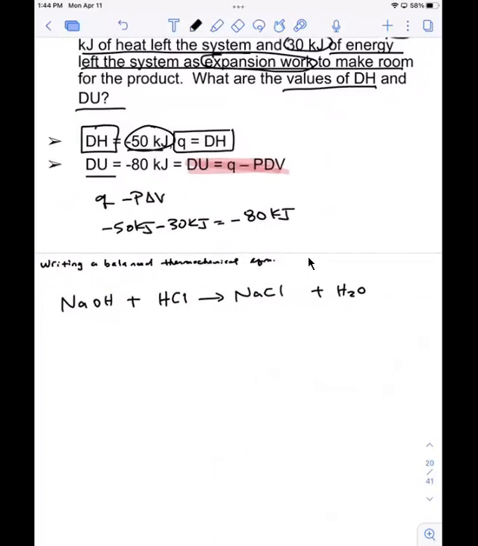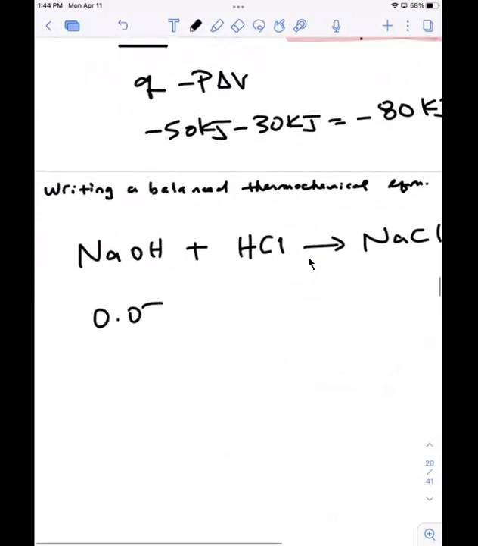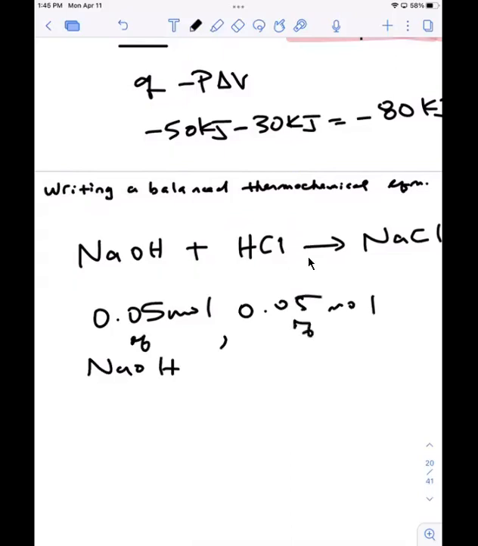Right. And the question that we're working on says that you have 0.05 moles of NaOH reacting with 0.05 moles of HCl.